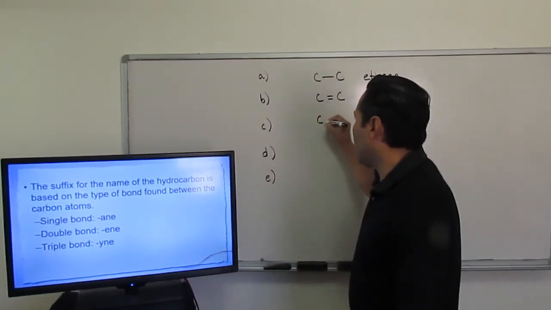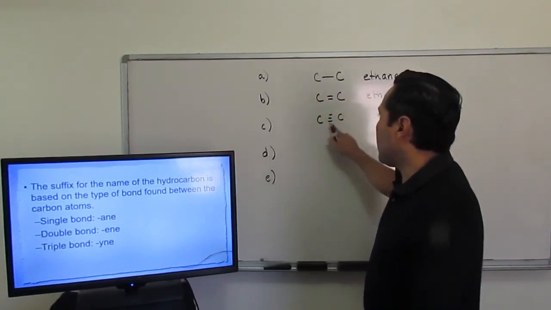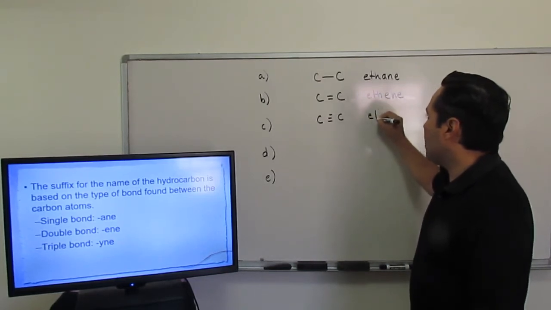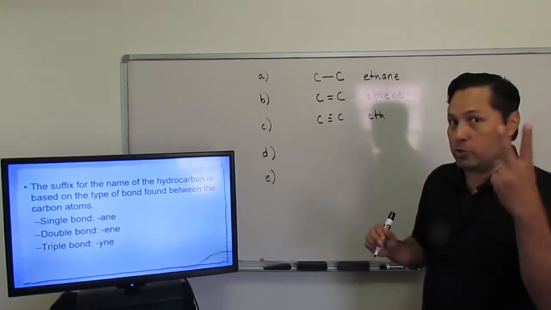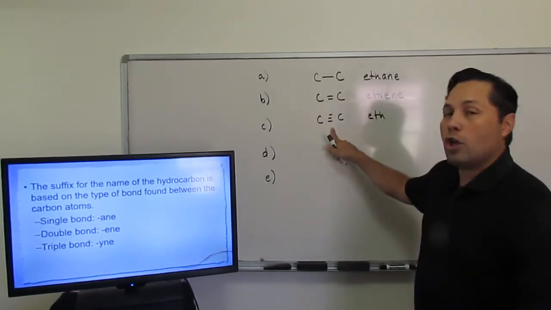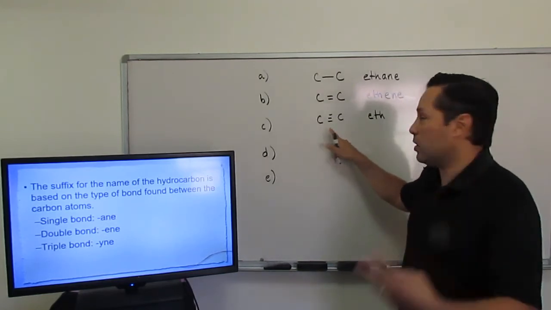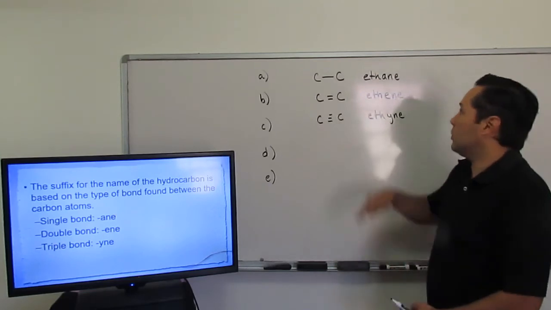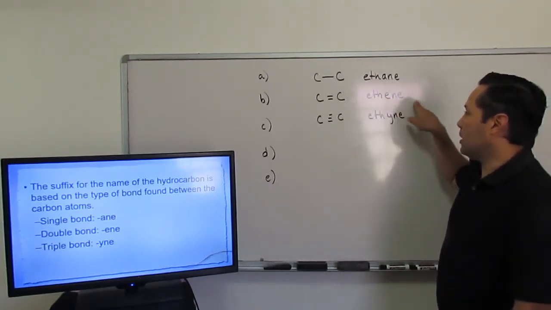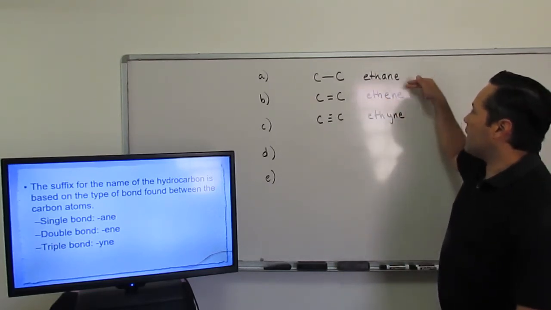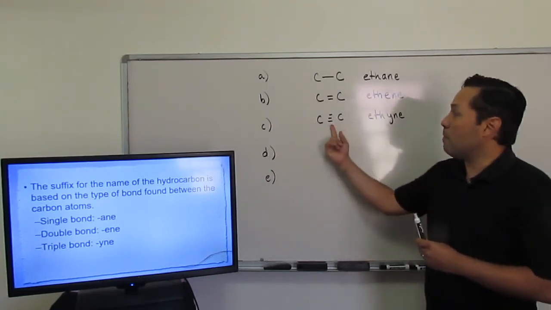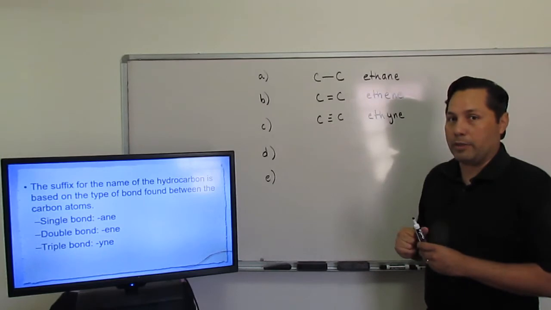So I have a carbon atom attached to another carbon atom with a triple bond, still two carbon atoms, so I would call that one eth, still, because there's only two carbons, but now there's three lines, three bonds holding it together, so that'll be a yne. So this would be ethane, ethene, ethyne. So that depends on the number of bonds holding the atoms together.